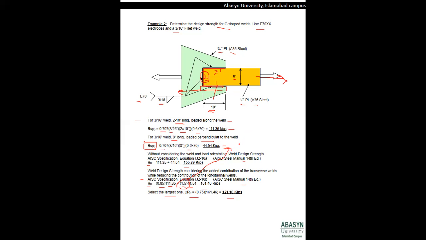But it doesn't matter if you multiply it here as well; you will get the same results. But if you multiply it here, you are not using this equation, in which we do not consider the weld and load orientations, whether the load is applied perpendicular or parallel to the weld, and the strengths are simply added up. While if we consider the weld and load orientation, we use this equation, which uses the additional factor of safety as well.